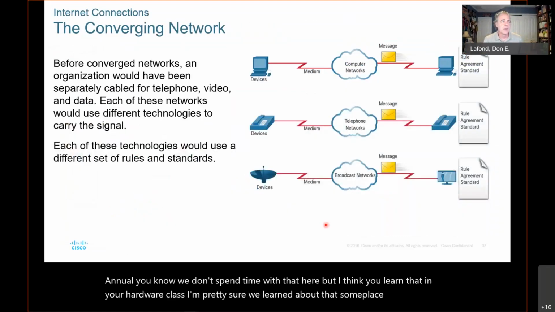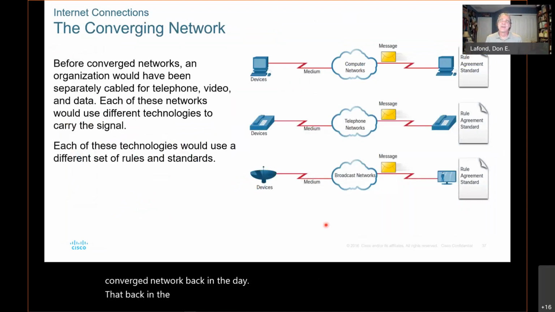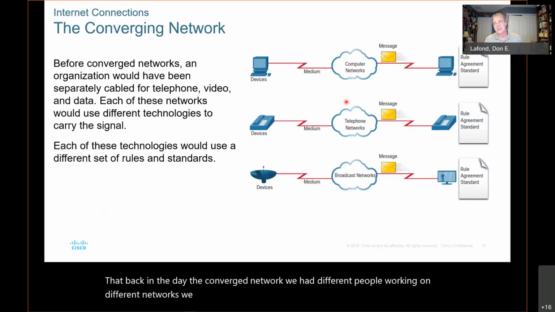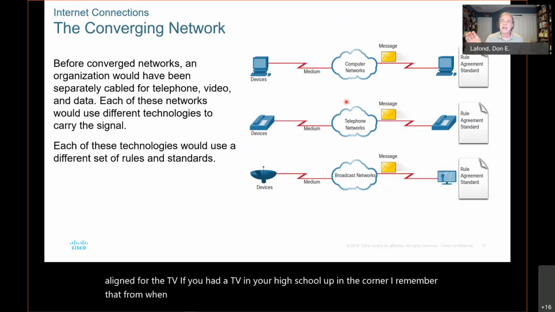The converged network. Back in the day, we had different people working on different networks. We had different cables running through the building. We had a line for the TV if you had a TV in your high school up in the corner. I remember that from when I was in high school. We had phones.